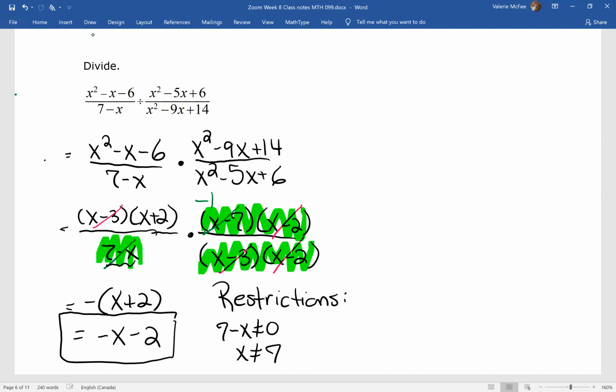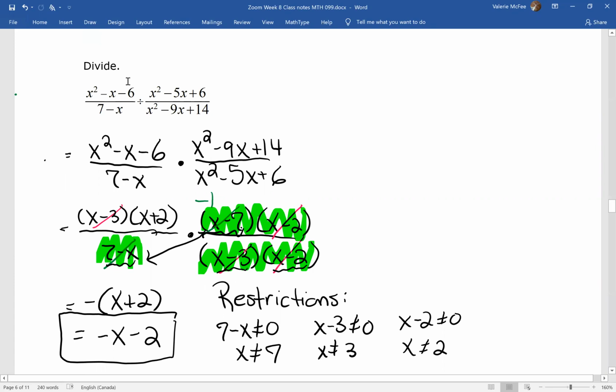X cannot equal 7. Here, x cannot equal 3. Here, x cannot equal 2. If I use this one, it's going to give me the same restriction as this factor, x cannot equal 7, and I've already used x minus 2. So we had 3 restrictions for this question.